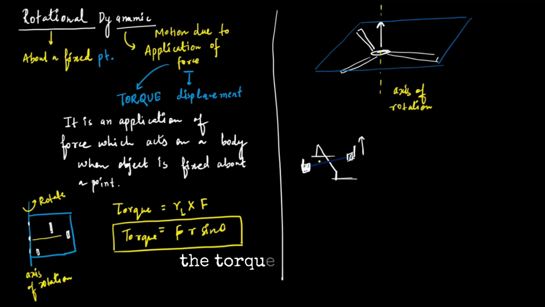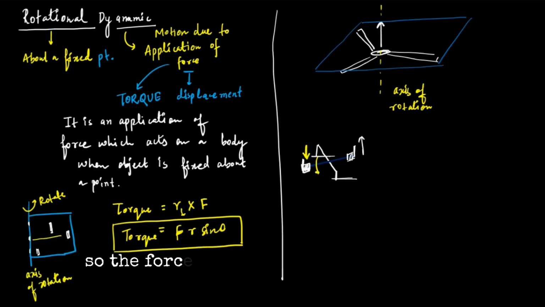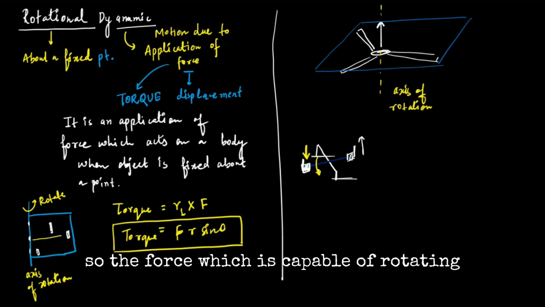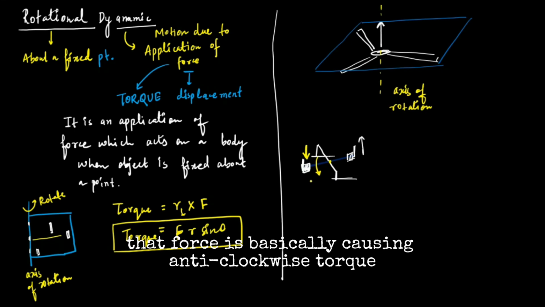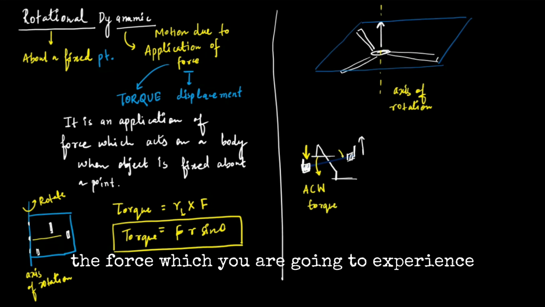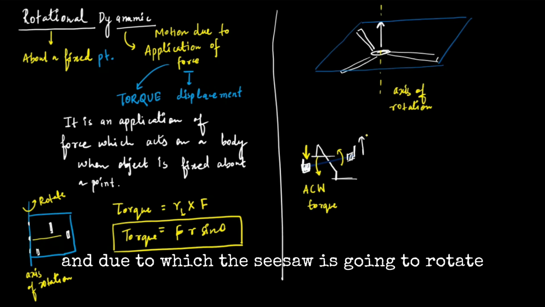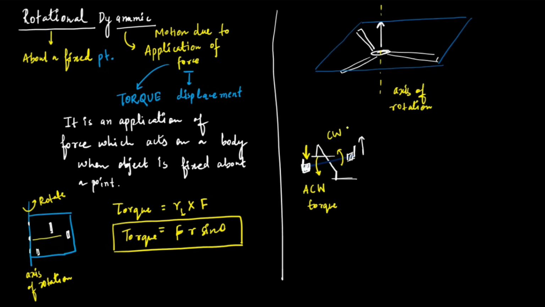Suppose when you push it this way, the force which is capable of rotating it about this fixed point is basically causing anti-clockwise torque, whereas the force which you are going to experience, due to which the seesaw is going to rotate, is going to be clockwise torque.